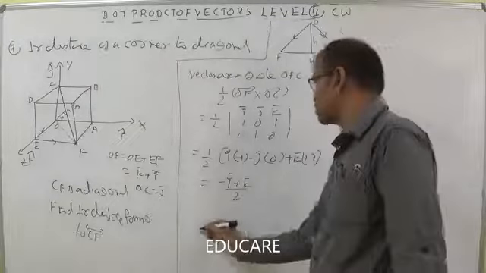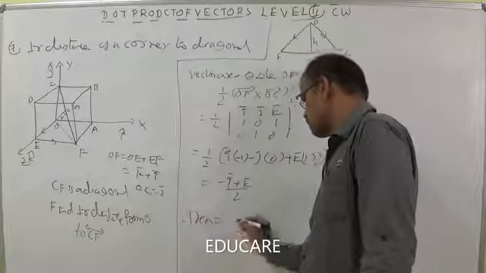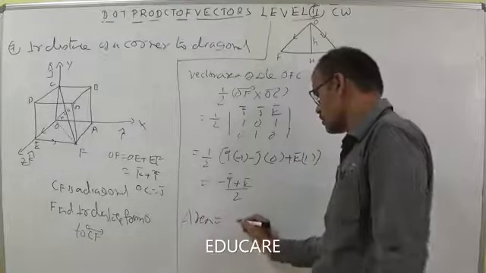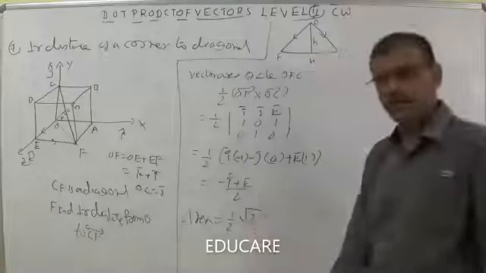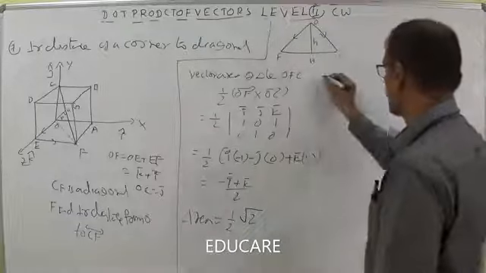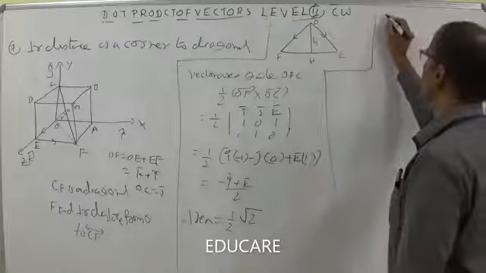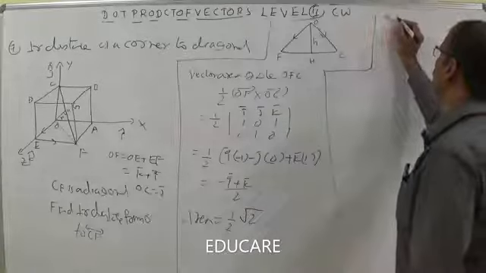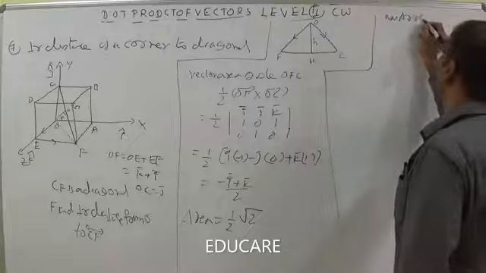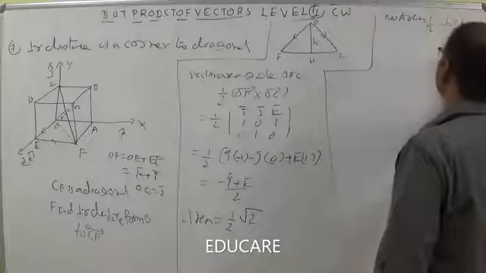The magnitude of the area I am saying, area simply capital A. Area is equal to, you take half common into root 2, because of the component squares plus component squares concept. Now equate the vector area with the general area. Now write the area formula: half into base into height.